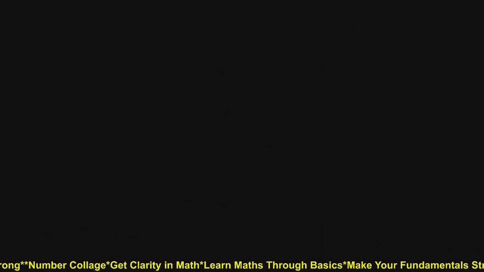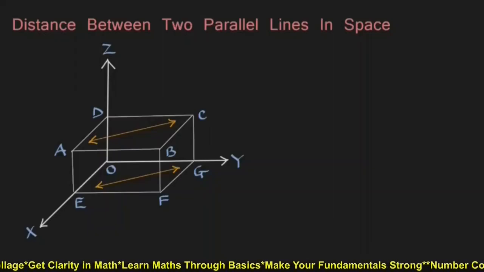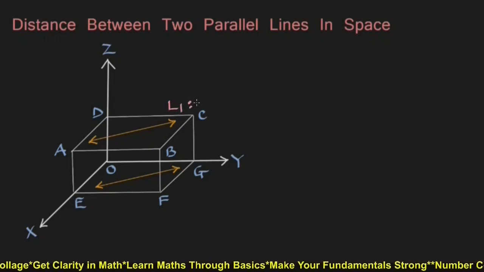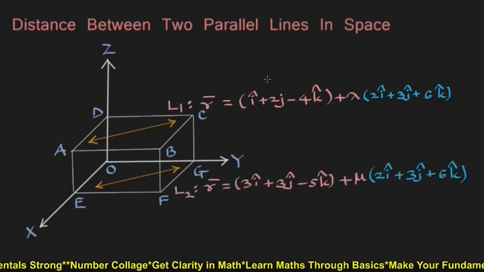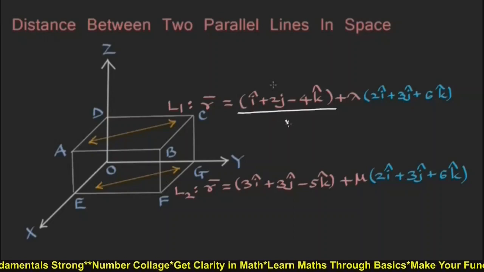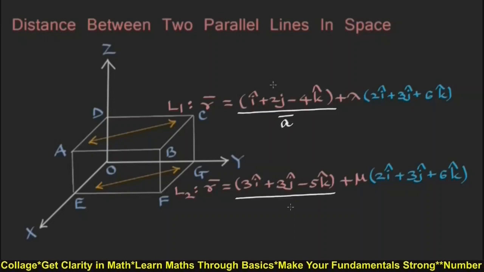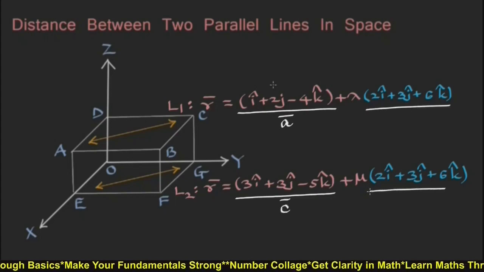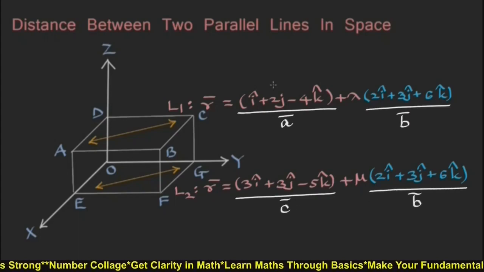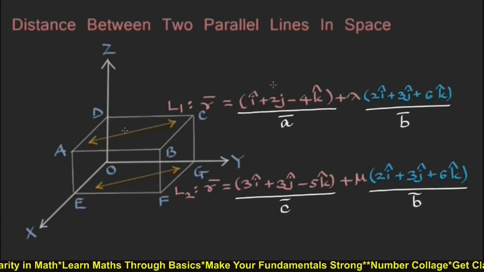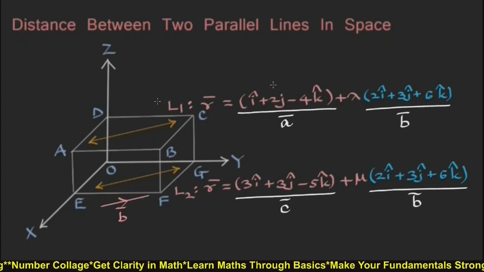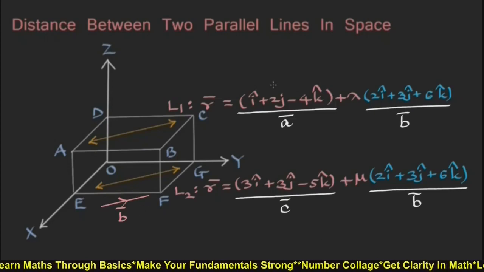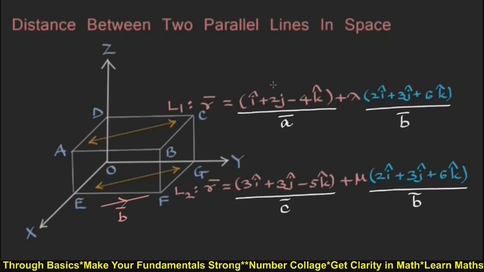We have to find distance between the lines L1 and L2, where line L1 is and L2 is. Here this vector is a bar, this vector is c bar, and these two vectors have a common vector b bar, and it is parallel to both lines L1 and L2, and that is also the reason why L1 is parallel to L2.